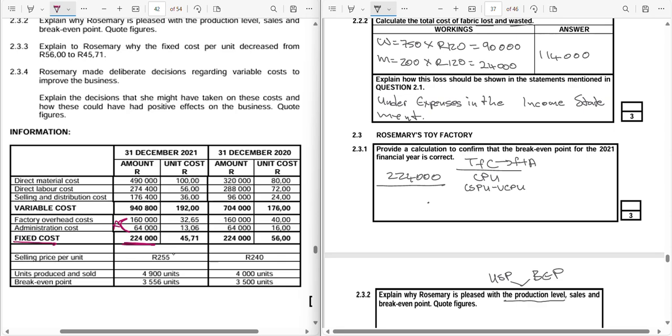We have selling price per unit of 255, minus variable cost per unit. We do have variable cost per unit. This is the one here, 192. So what will be the difference there? I think it will be 63. Confirm there for me, guys.